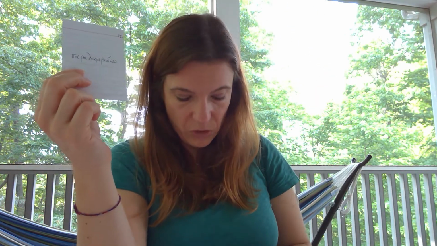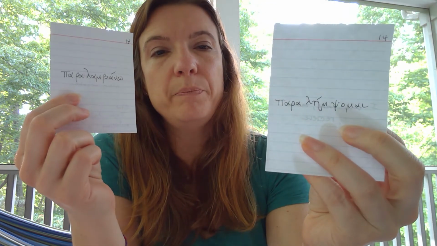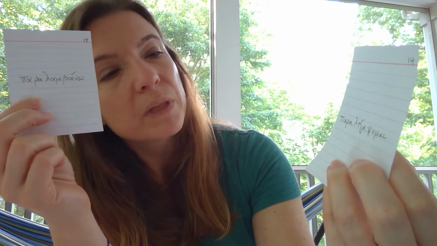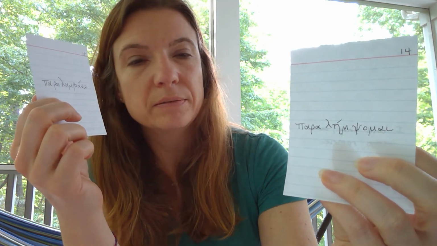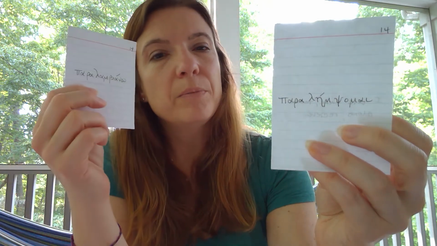It's not a tricky one. I don't think we need to say it four times. All right, but then it does the same thing that it just did with lambano, right? And it goes paralempsomai, right? Paralempsomai. That's right. Okay, I will take along, receive. Paralambano, paralempsomai.